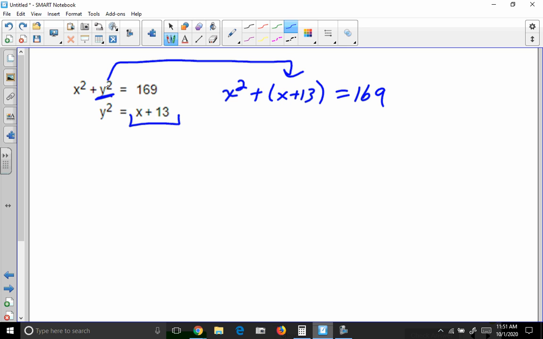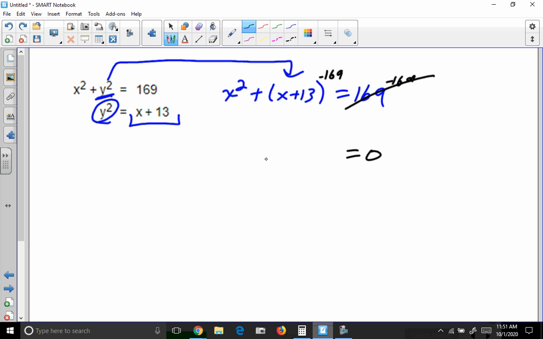As long as we're replacing something and we know what that value is equivalent to, it doesn't have to be to the first power. It could be to any power, as long as these two match. This is a quadratic equation, so we're going to subtract 169 from both sides.